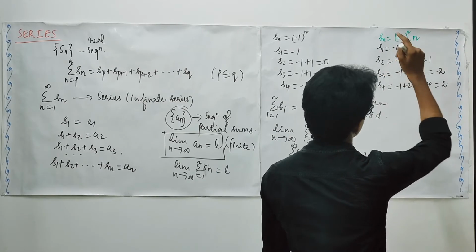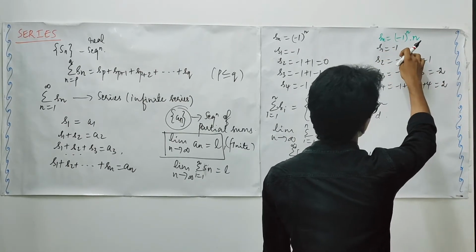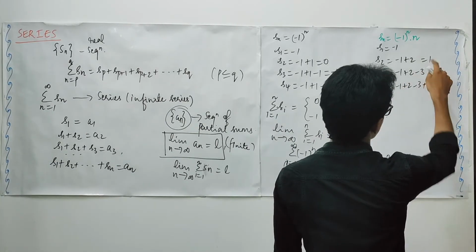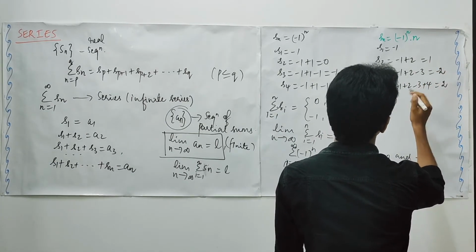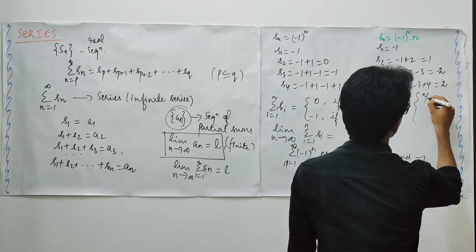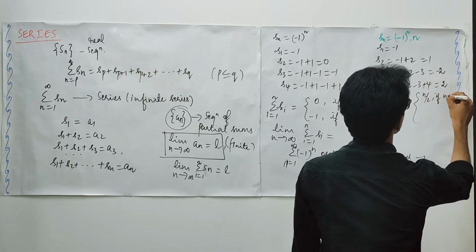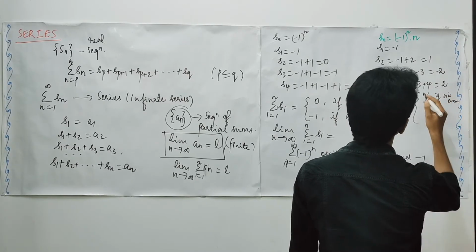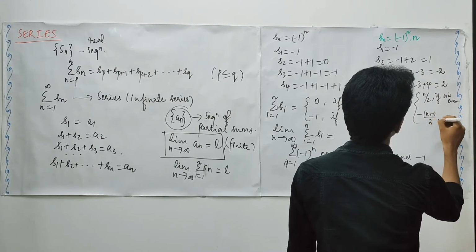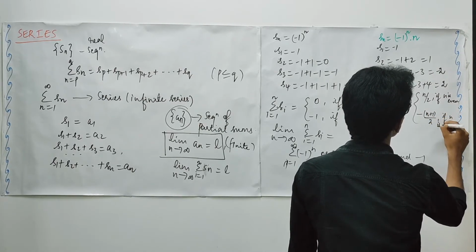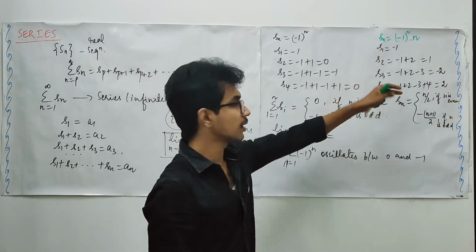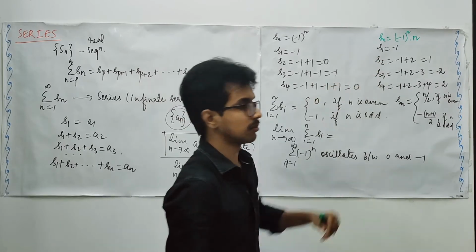When your n is odd, you are getting something of this sort, and when your n is even, you are getting exactly the same thing. So your sum is going to be n upon 2 if n is even, and minus (n plus 1) upon 2 if n is odd. If you want to work out a few more terms, you can see what the sum is.